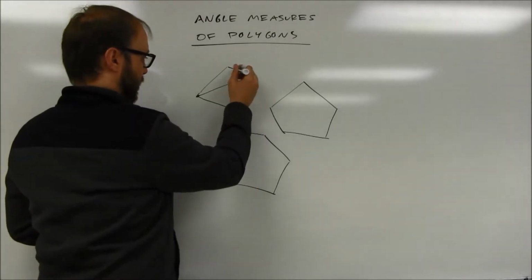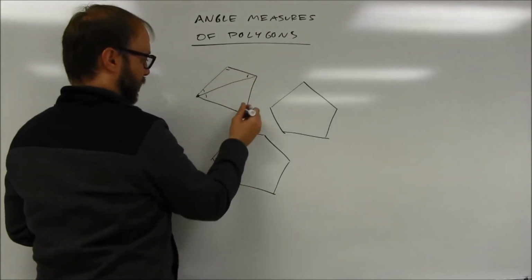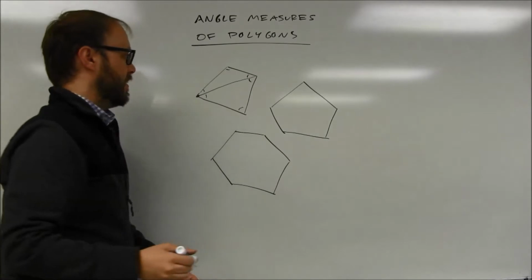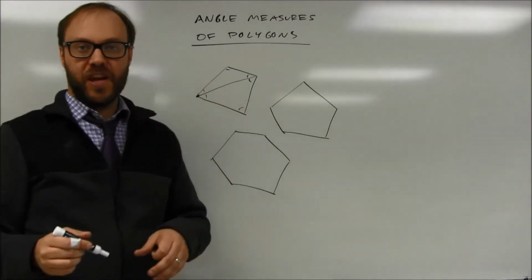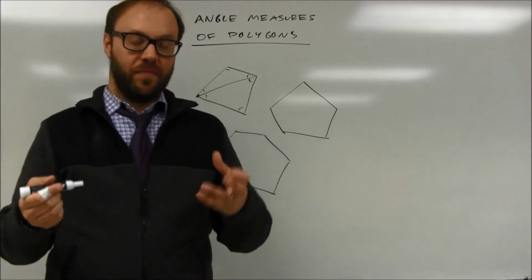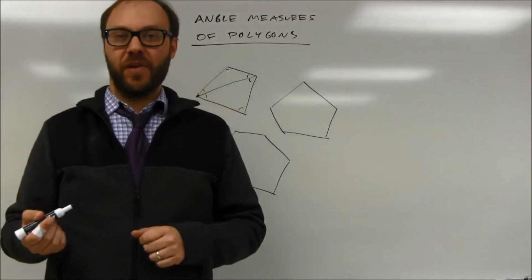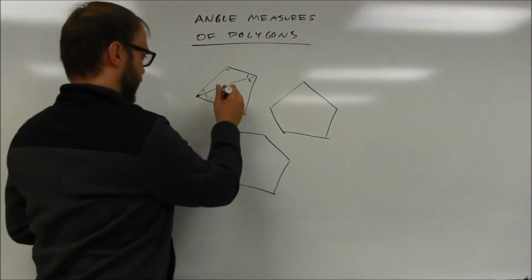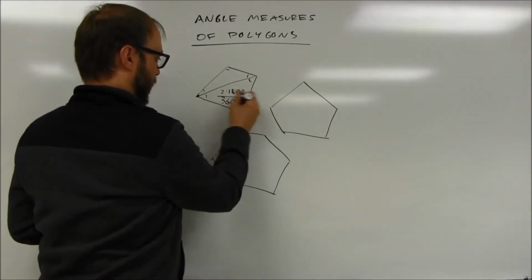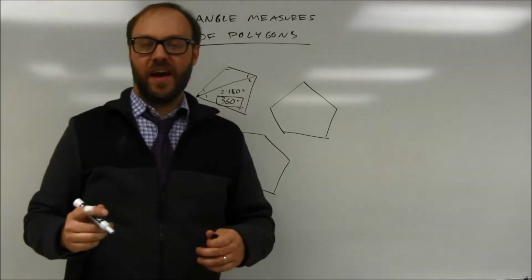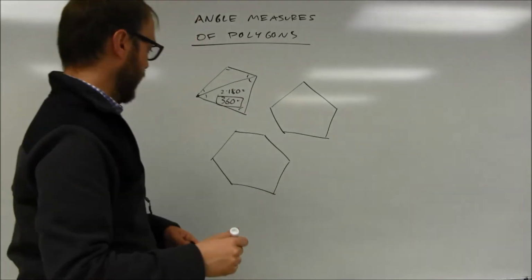And the angles of the triangles completely form the angles of the polygon. So we basically have four sides here. The shape breaks up into two triangles. 2 times 180 tells me that this has 360 total degrees in the interior angle sum, okay?